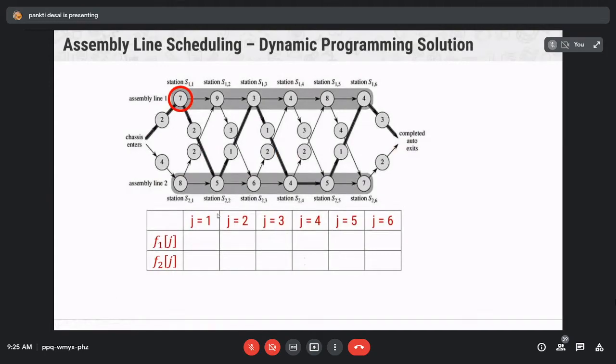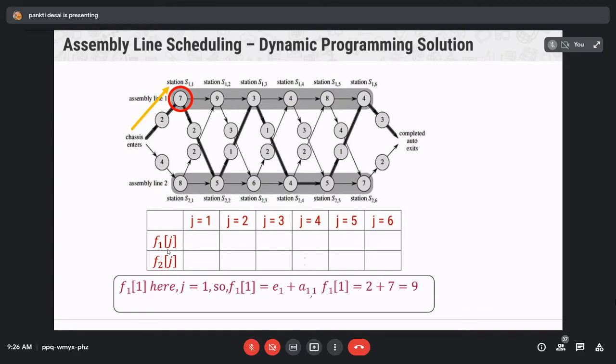So for j equal to 1, it means for station 1, we have to add E1 plus A11 to find the value of F11. So the chassis enters assembly line 1, and the time required to reach station S11 is 2 plus 7, so that is 9. So here j is equal to 1, so F11 is equal to E1 plus 7.